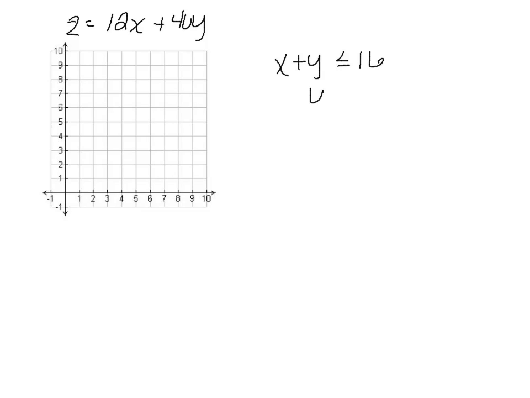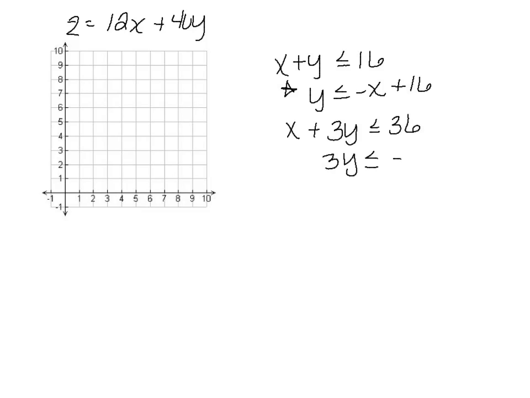Therefore, y is less than or equal to negative x plus 16. So we have to graph this one. We also had x plus 3y is less than or equal to 36. So 3y is less than or equal to negative x plus 36. Divide by 3. Y is less than or equal to negative 1/3 x plus 12.